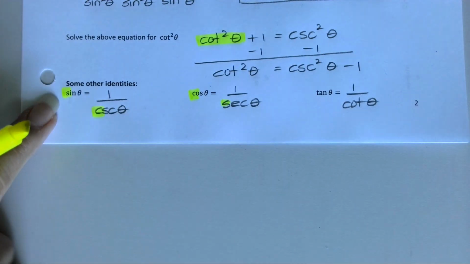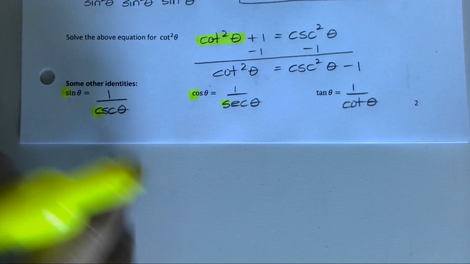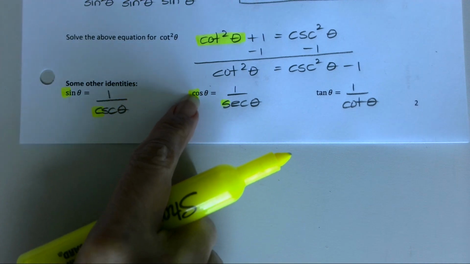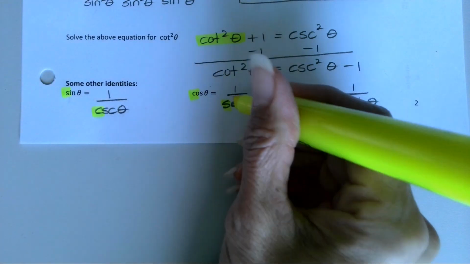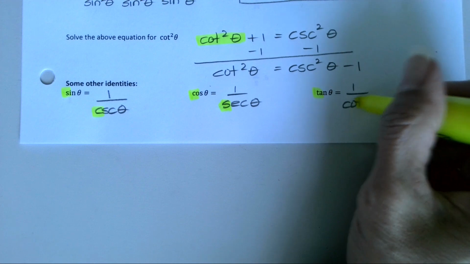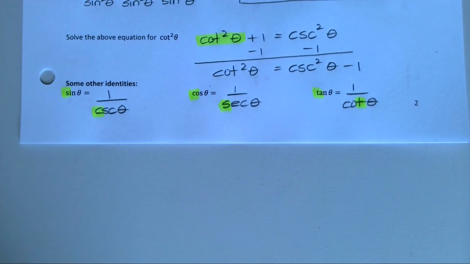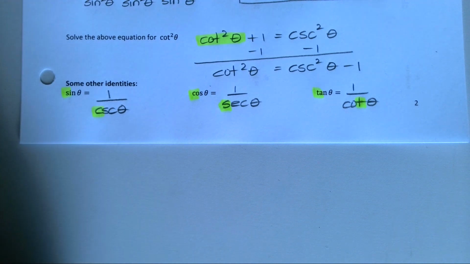So if you're looking for the reciprocal of sine, it has to start with a C. If you're looking for the reciprocal of cosine, which starts with a C, the word has to start with an S. It's always C and S. And tangent, well, it's obvious. This one has a T and this one has a T. So keep that in mind, and it helps you kind of remember the names, okay? So cosecant and secant go together, sine and cosecant go together, tangent and cotangent go together.